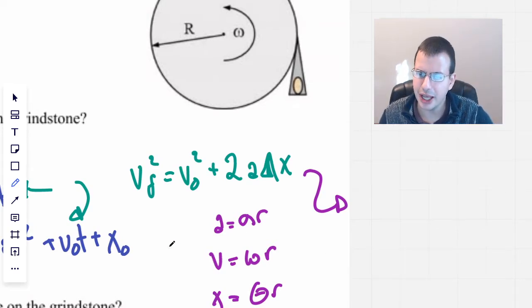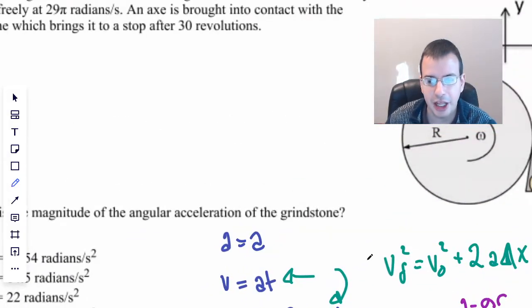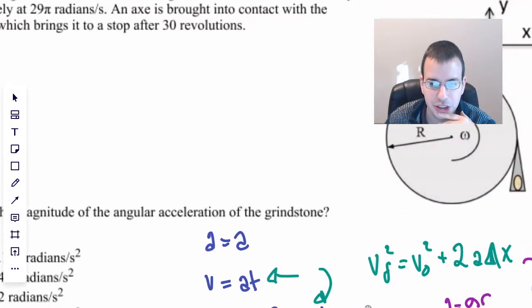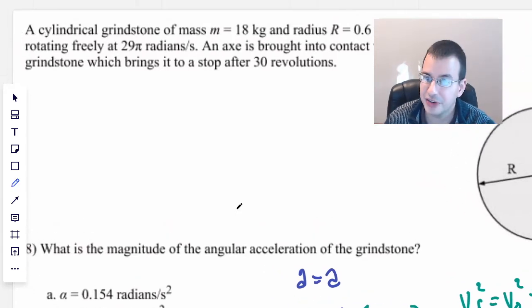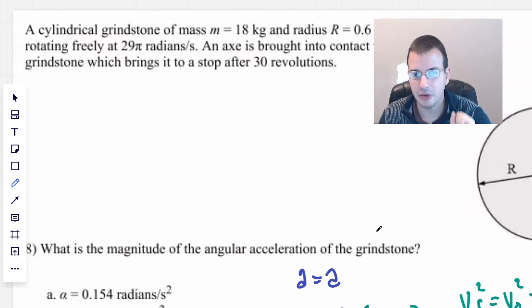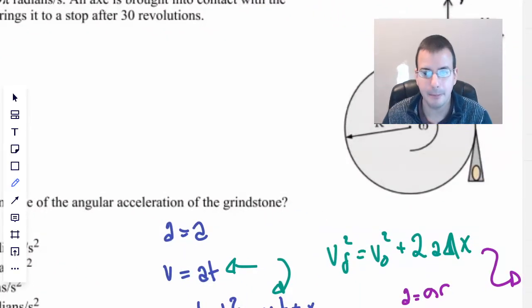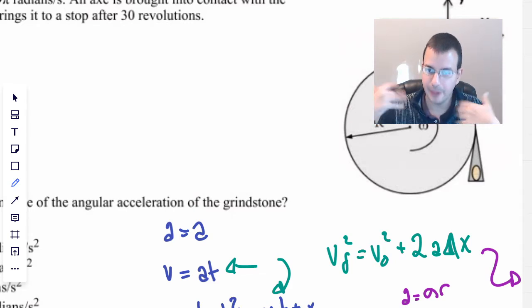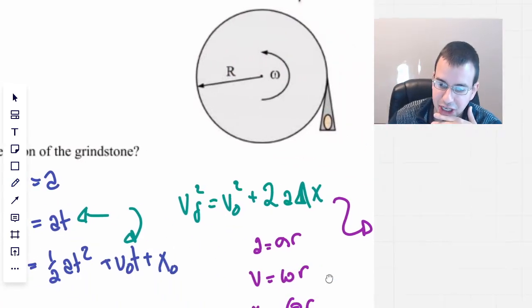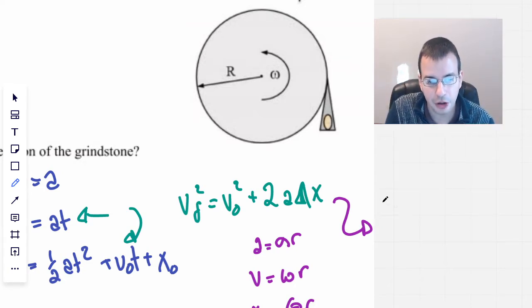How do I know to use angular? Well, I know to use angular because things are spinning. And I suspect to use this equation because there's no mention of time. Whenever we have two velocities, some acceleration, and no time, then maybe we're going to use the equation that's absent time. Sans time, as the French would say. Sans temps? I don't know, not important. Focus. So we're writing this equation.